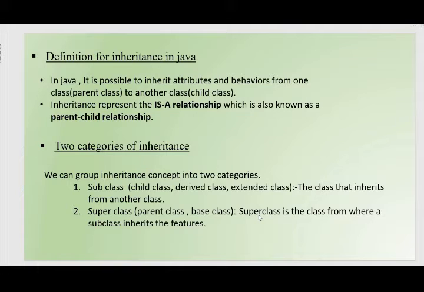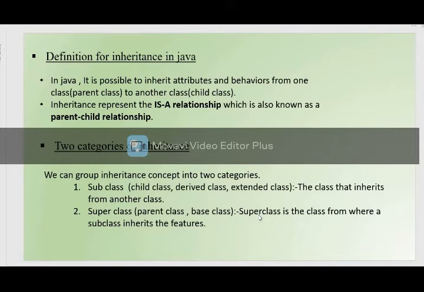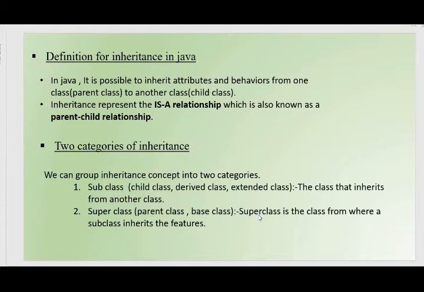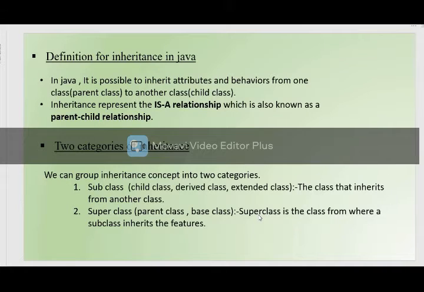There are two categories of inheritance. We can group the inheritance concept into two categories. What are they? Subclass and superclass. We can call the subclass a child class, derived class, or extended class. These are the special names for the subclass. The subclass inherits from another class. The class that gets the methods and attributes from another class, we call the subclass.